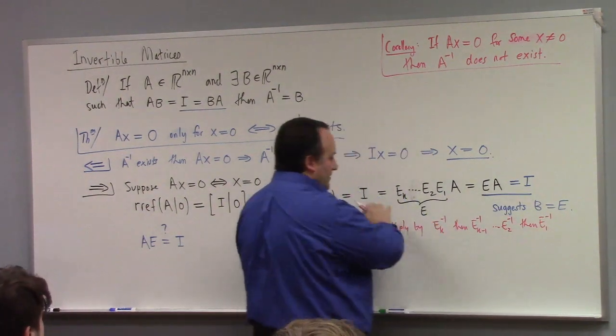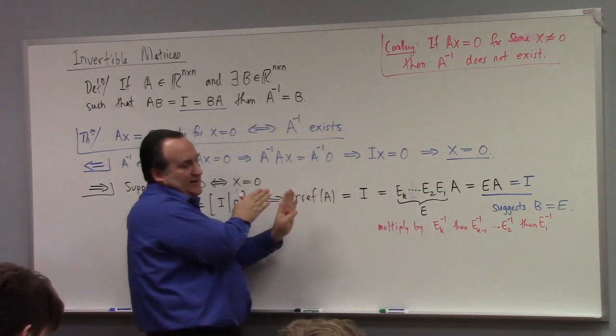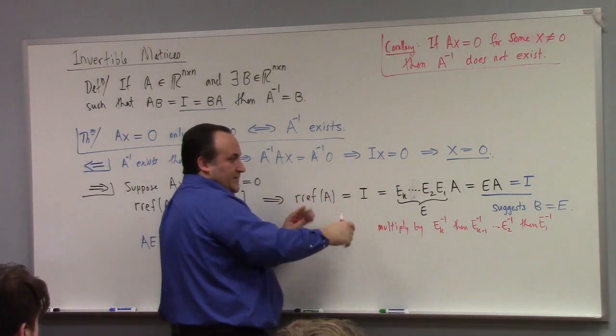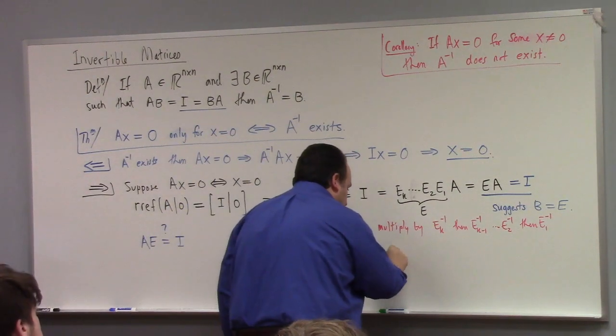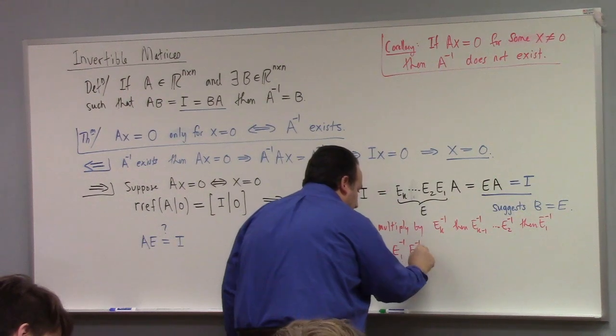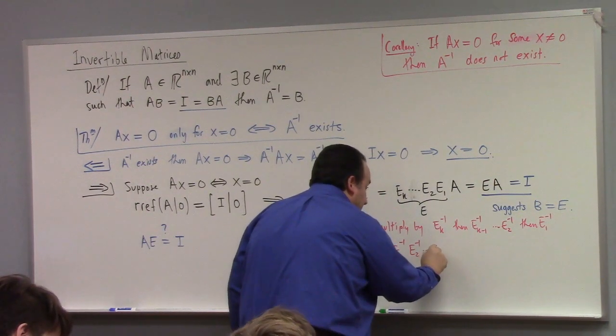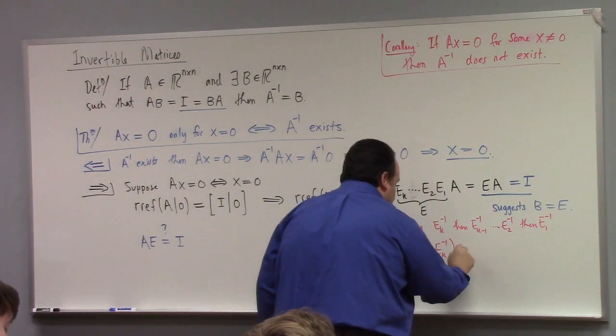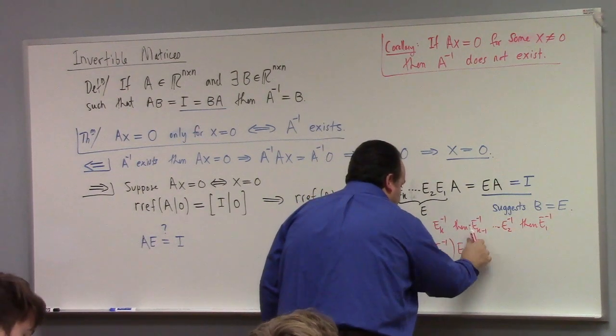I'm talking about multiplying that equation on the left. See that? Let me write it out in gory detail. E1 inverse, E2 inverse, dot, dot, dot, eventually we get to E_k inverse.